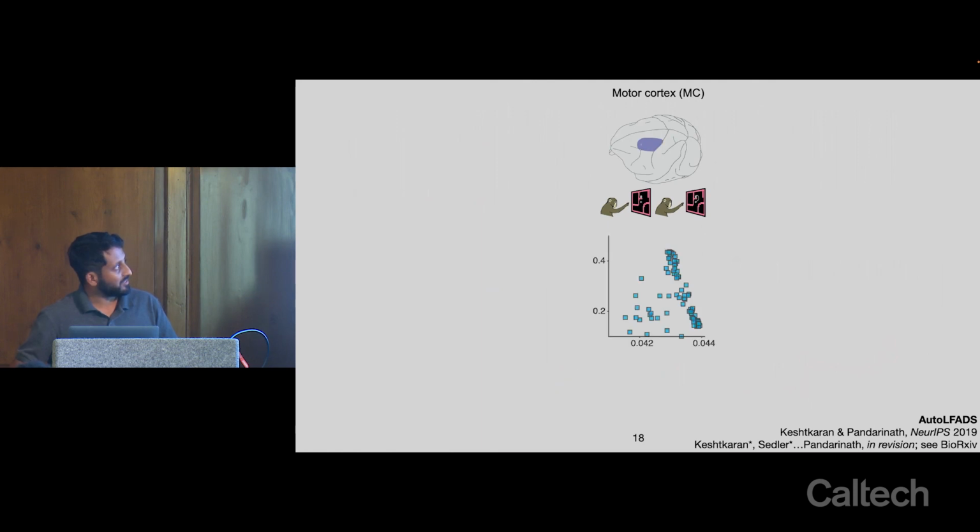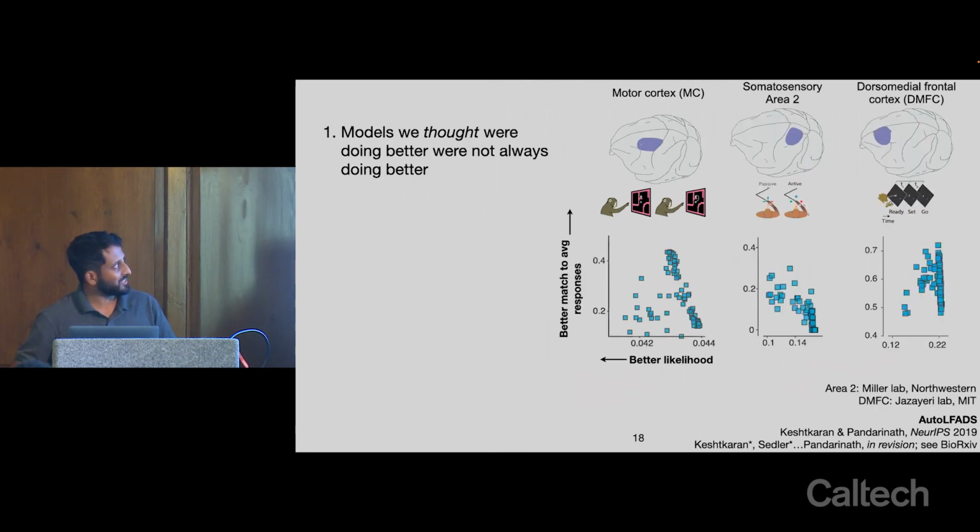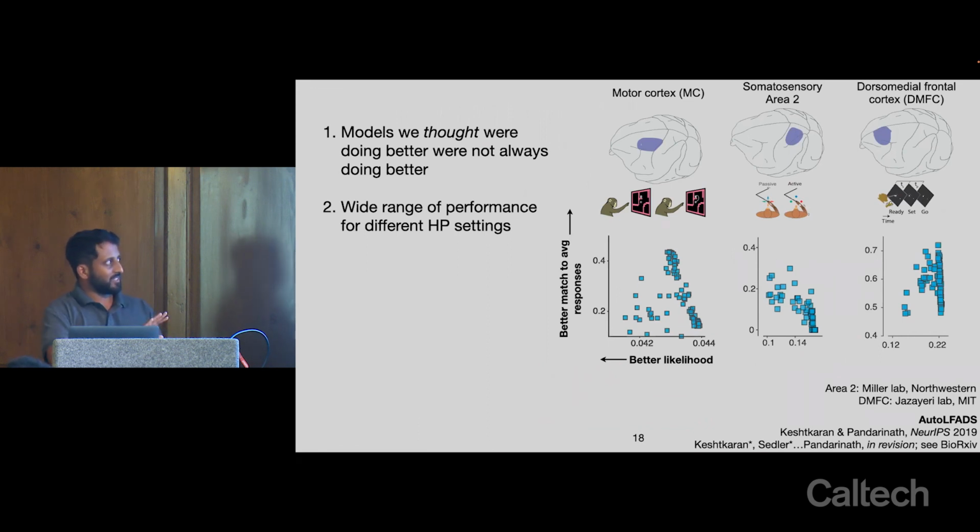I can't go through all the details of these figures because I want to make sure you guys can ask some questions. Ignore the precise labeling of these figures. Let me just tell you that on the x-axis here is the loss achieved by models, and on the y-axis is how well the models do when we evaluate them using something like behavior, or how well they describe the average responses.